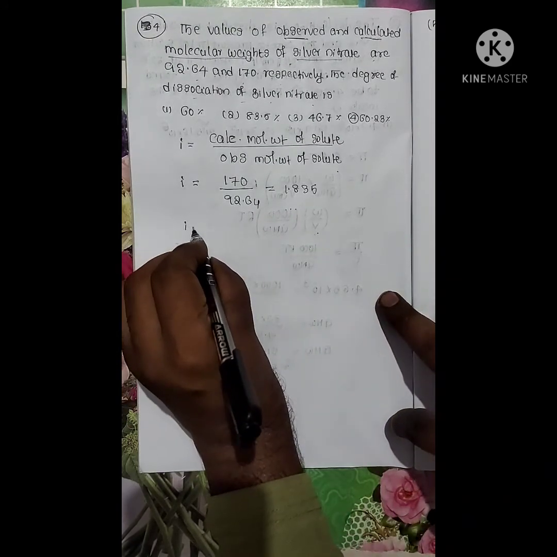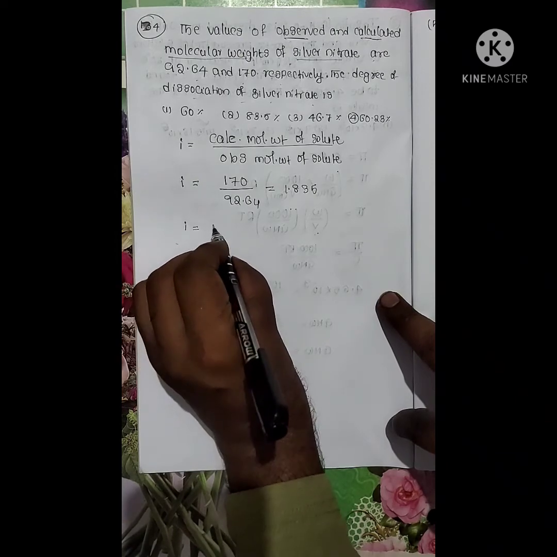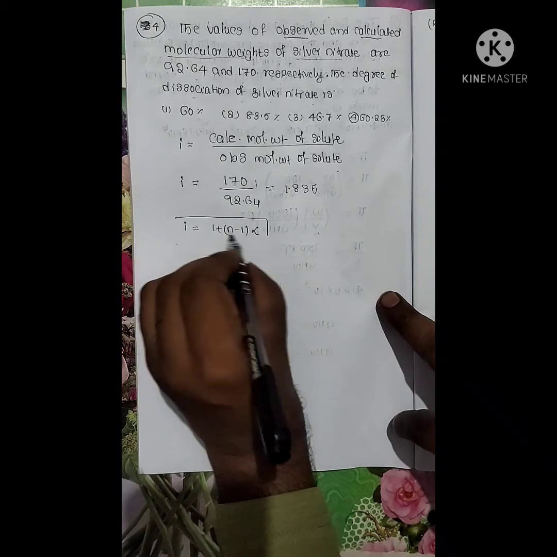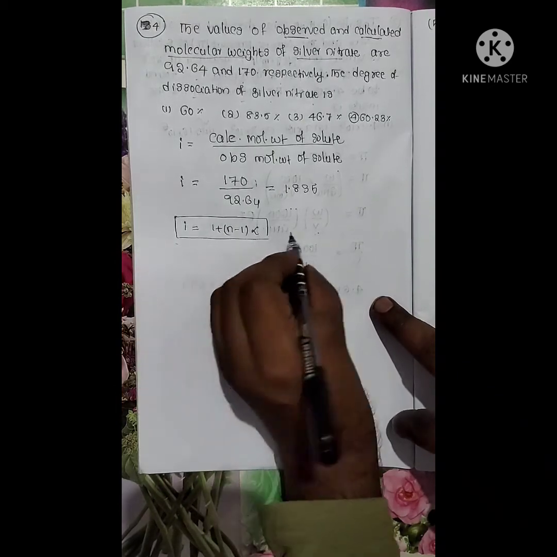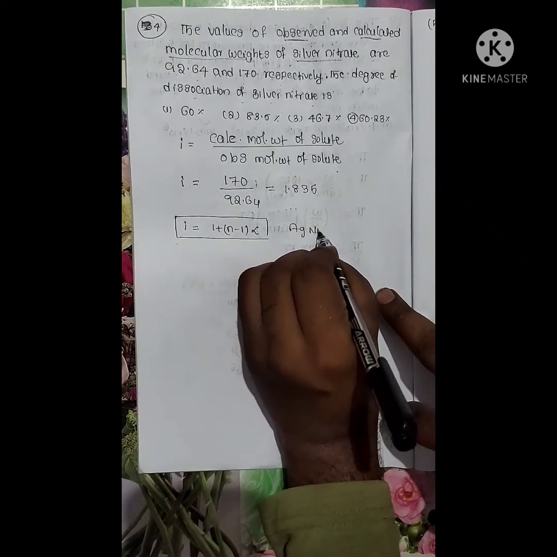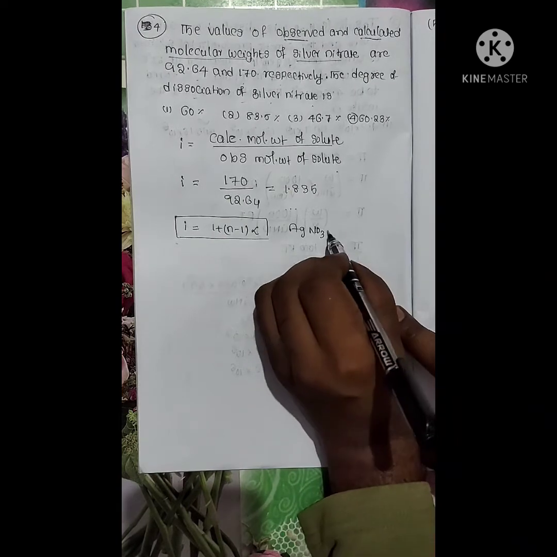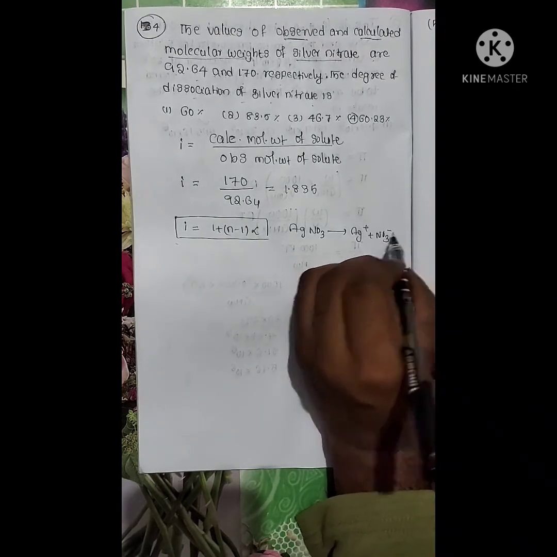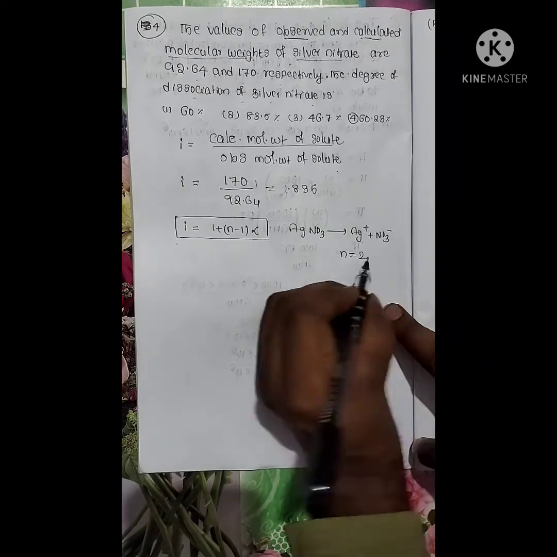Now, i equals 1 plus n minus 1 into alpha for dissociation. Here AgNO3 dissociates into Ag plus and NO3 minus. Here the number of ions equals 2.